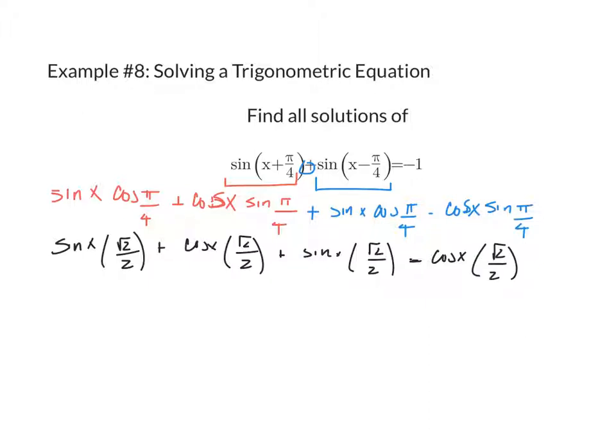Okay, what's going to happen is that the cosine terms will cancel because they are opposites of one another, positive and negative. So we're actually left with 2 sine x square root of 2 over 2. And it's still equal to the -1 that we were given originally.